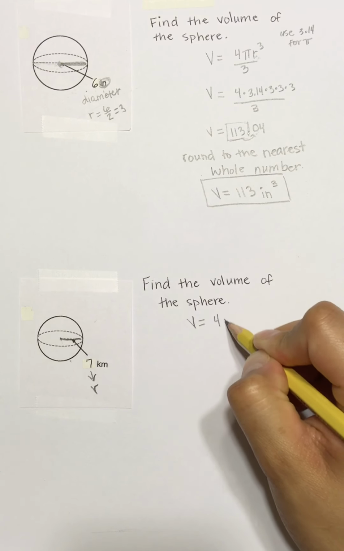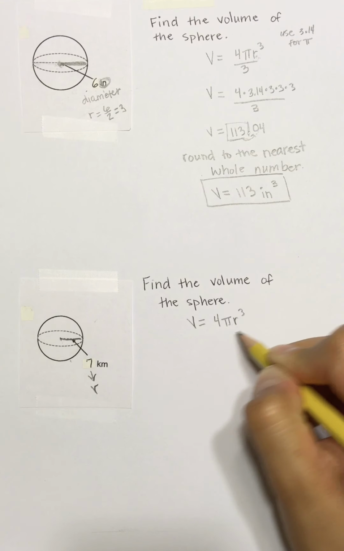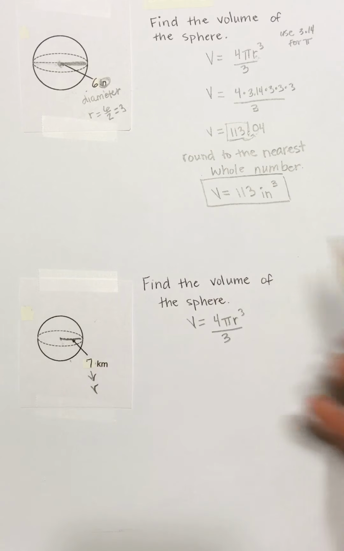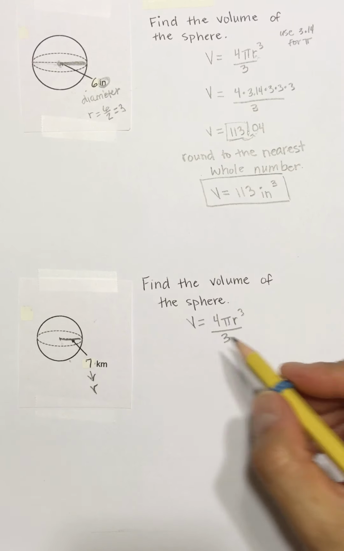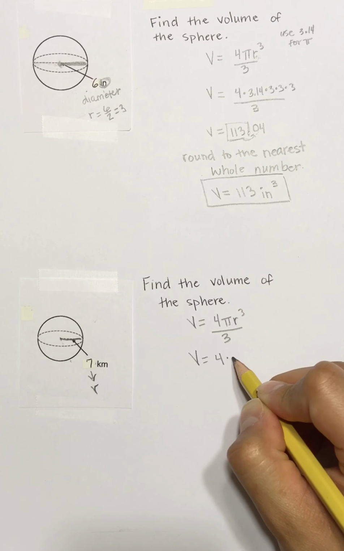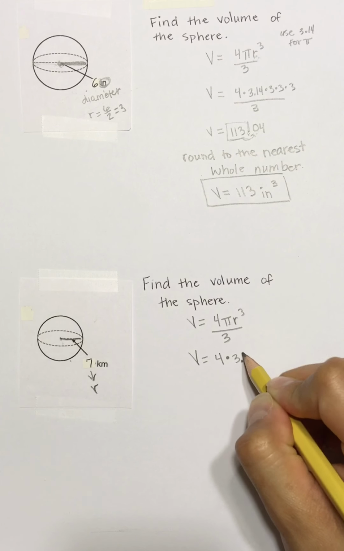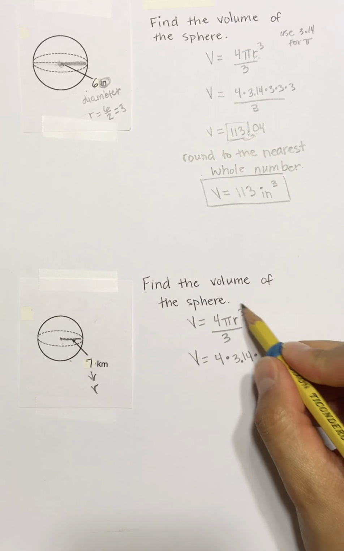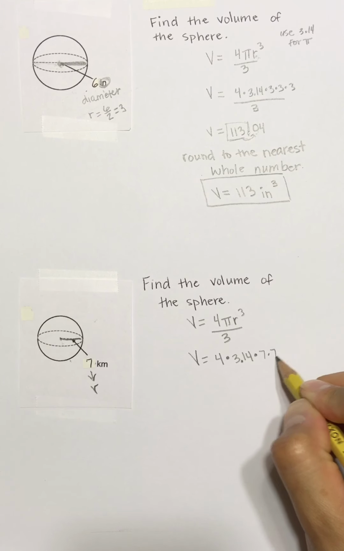Okay, same thing, same formula because this is a sphere. 4 pi r cubed divided by 3. Well, my r right here says it is 7 km, kilometers. So 4, and I know pi is 3.14, so 4 times 3.14 times 7 cubed, so that's 7 times 7 times 7.